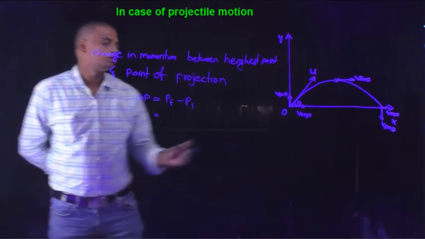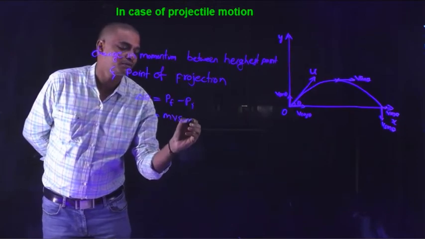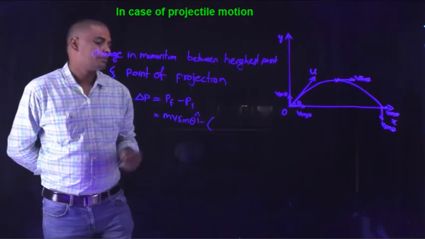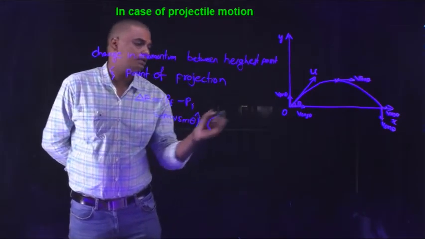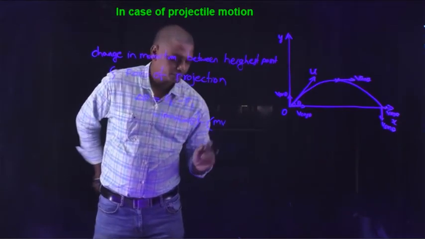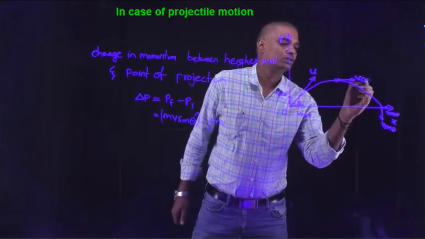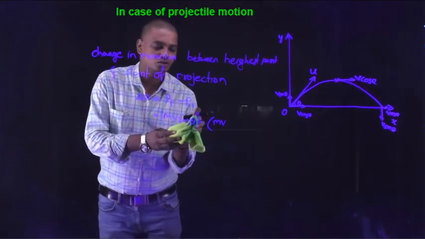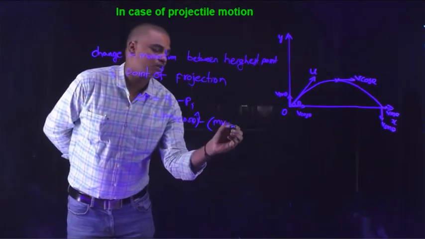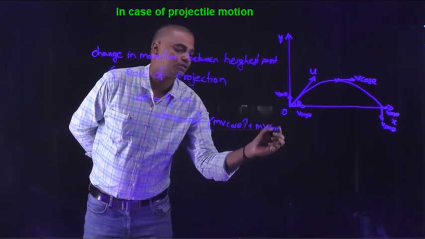The final is at the highest point, where the momentum will be mv cos theta i cap, minus the initial, which is mv cos theta i cap plus mv sin theta j cap.